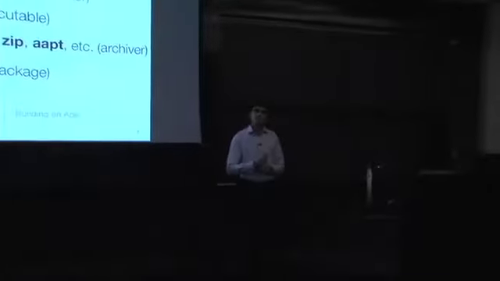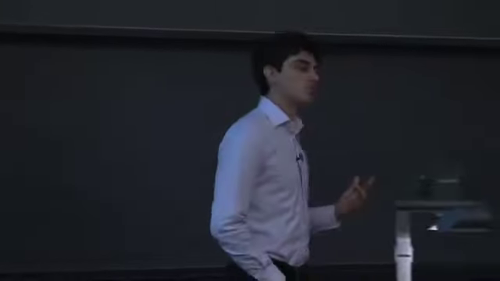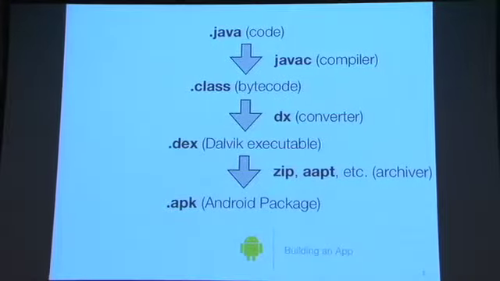As we mentioned before, you write your application in Java using standard Java source code files. Then you compile that using the typical javac compiler like we've seen last week. And then it starts to diverge a little bit from what we saw last week. You then use a separate tool called DX, which converts that Java bytecode into bytecode that is then interpreted by the Dalvik virtual machine.